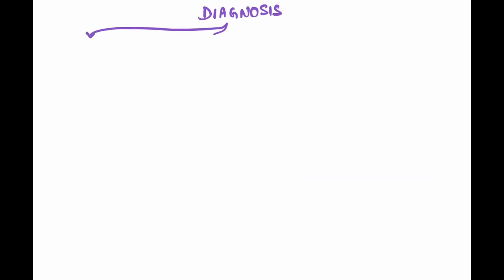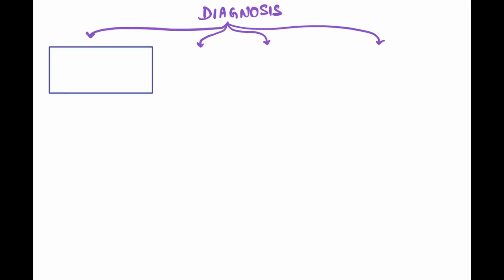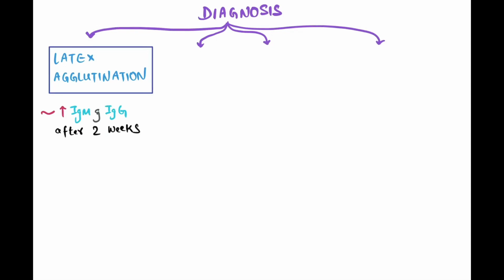How can you diagnose? There are 4 ways to diagnose the patient, particularly not the bacteria. The first thing is latex agglutination, in which you will see an increased titer of IgM and IgG against the bacteria after 2 weeks.